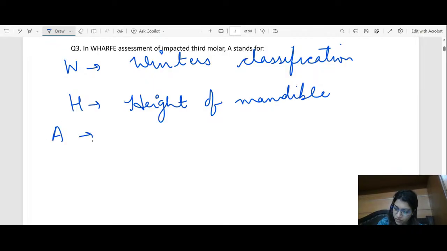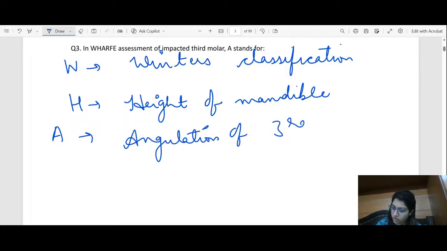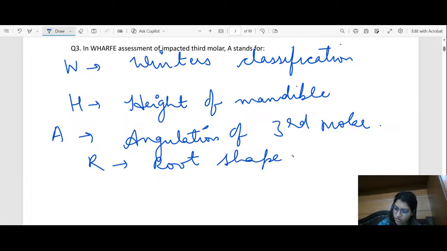A, the question which has been asked, A is the angulation of the third molar. R is the root shape.